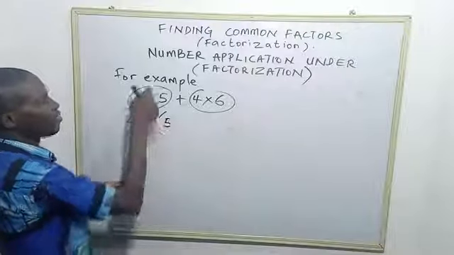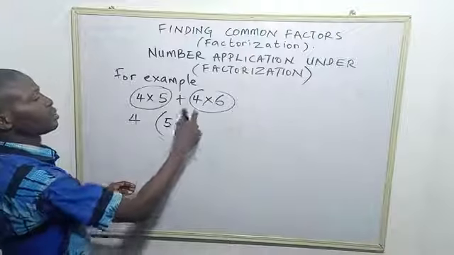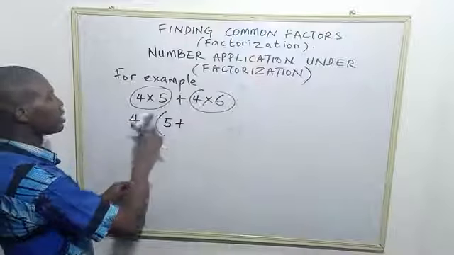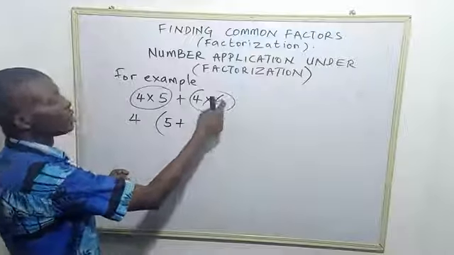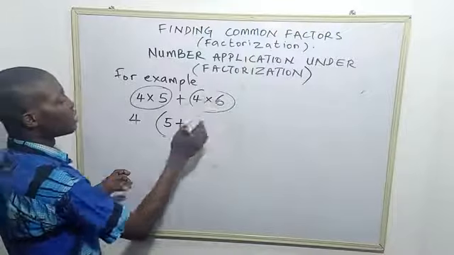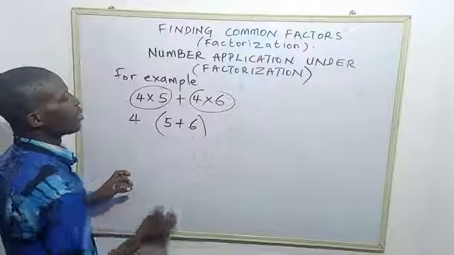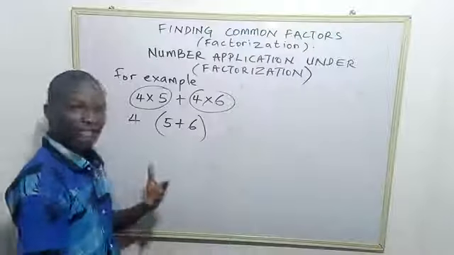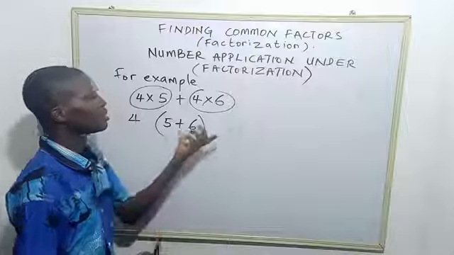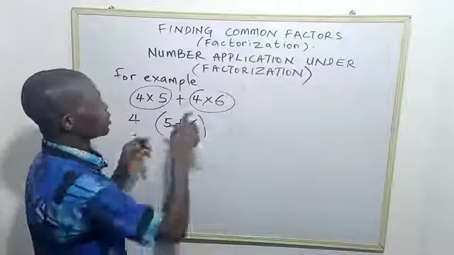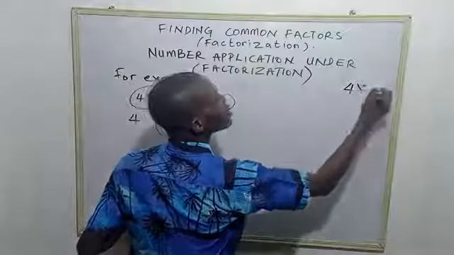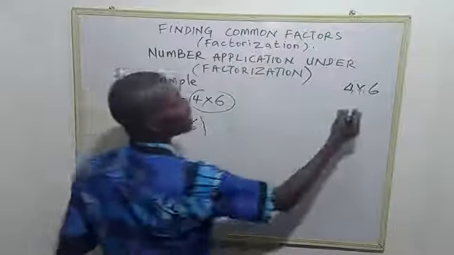5 plus, then since this 4 is written out to this place, what do you have left? You have 6 left. What I mean by having something left is this: you are carrying out a kind of division. 4 times 6 divided by 4.